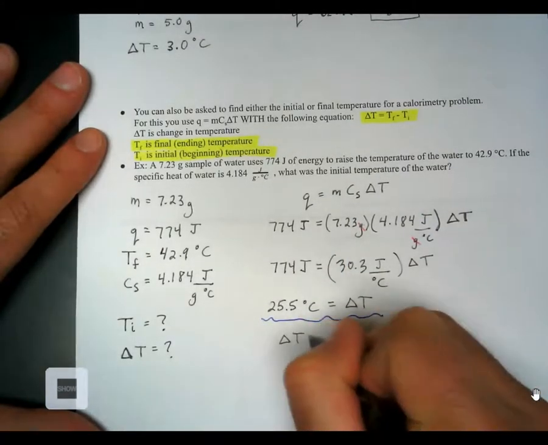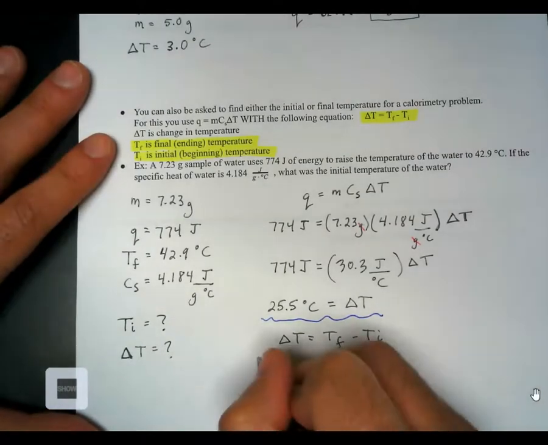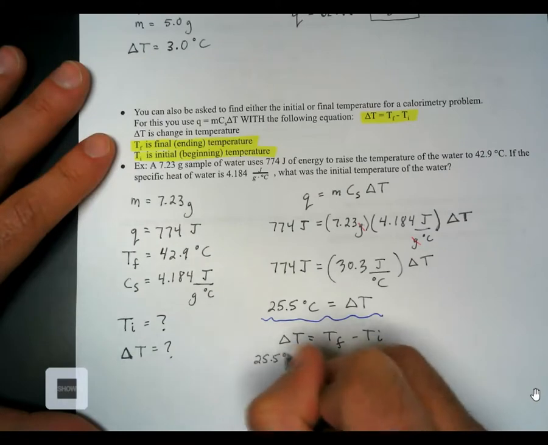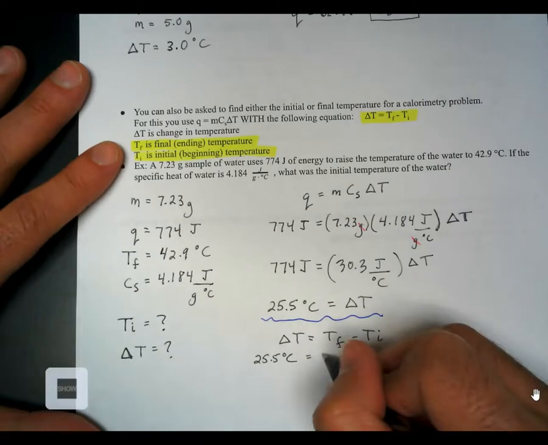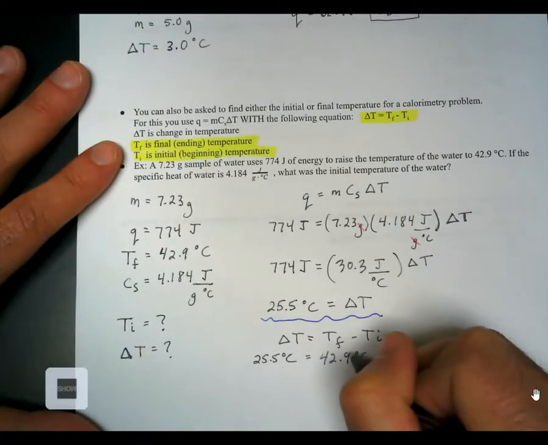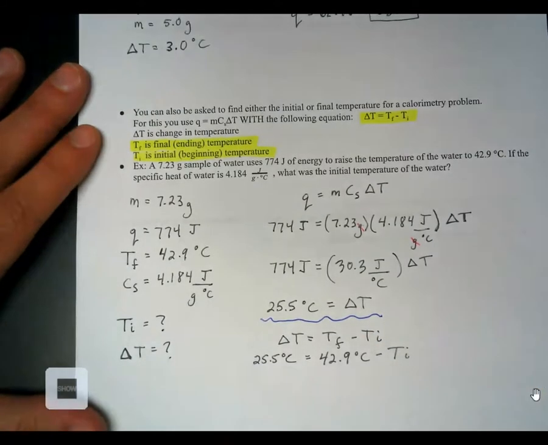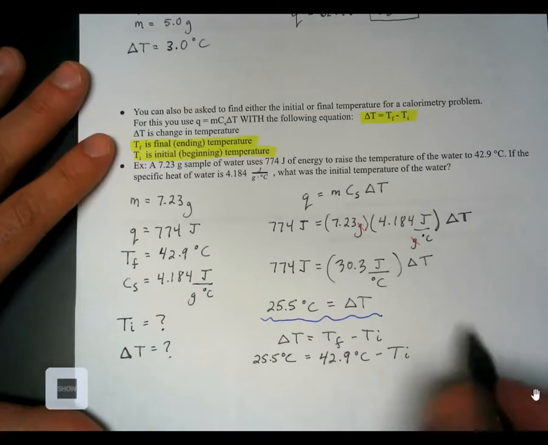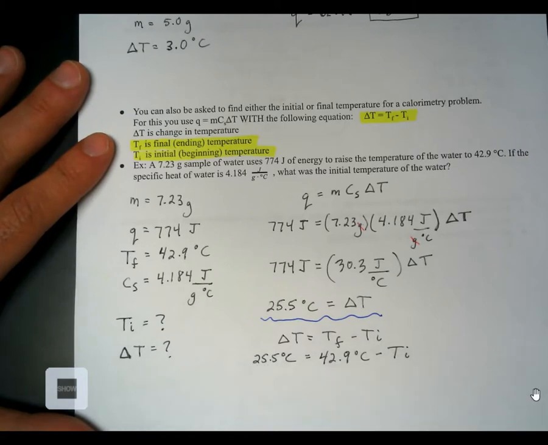The delta T equals TF minus T sub I. So we get 25.5 degrees Celsius equals our T sub F, which is up here, 42.9, minus, we're looking for T sub I. So we subtract to get T sub I alone, 25.5 minus 42.9.